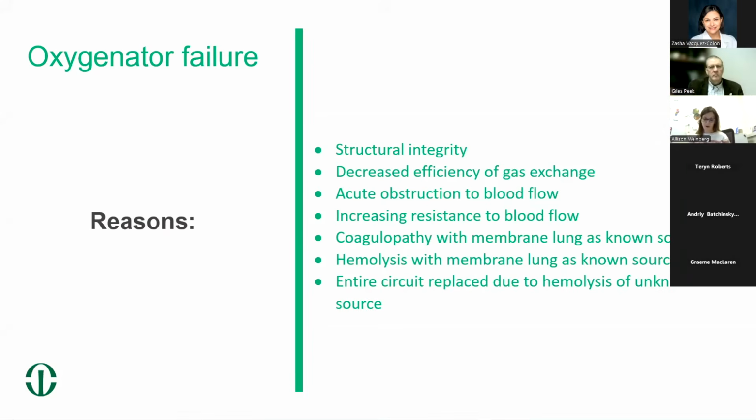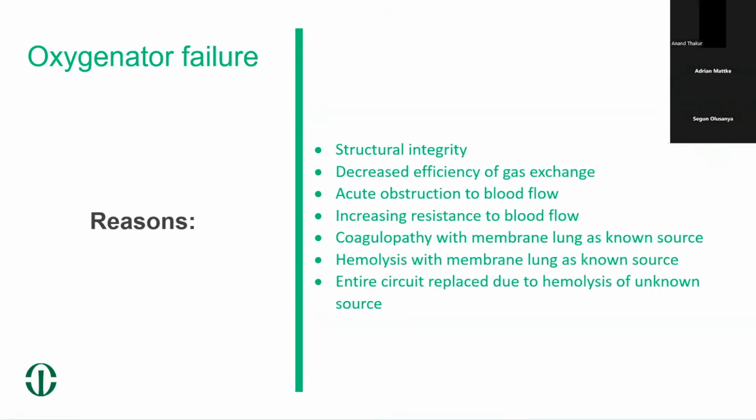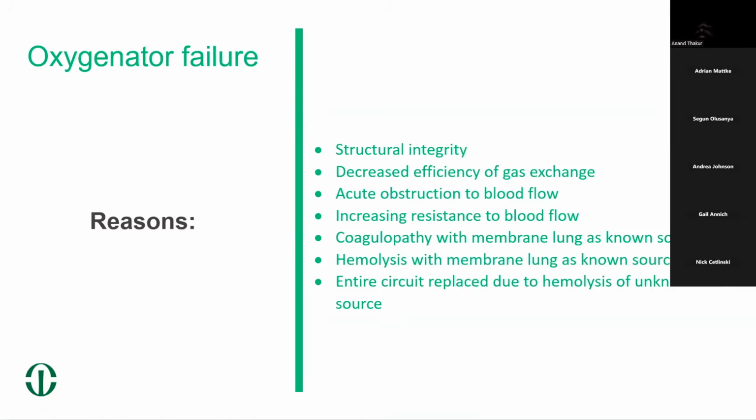They're pretty fair and pretty commonplace for today. But the circumstances surrounding these criteria are really quite subjective. What we deal with are structural integrity, decreased efficiency of gas exchange, acute obstruction to blood flow, increasing resistance to blood flow, coagulopathy with the membrane lung as a known source, hemolysis, and the entire circuit being replaced due to hemolysis of an unknown source.